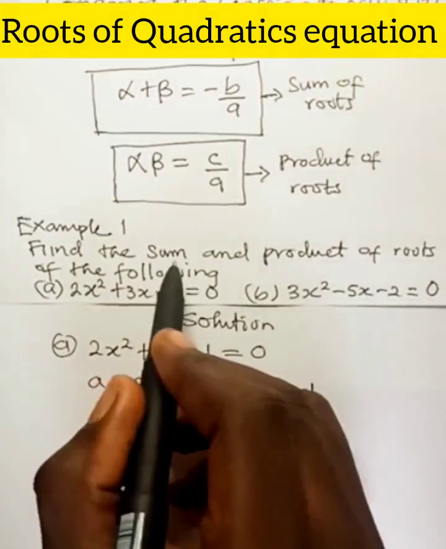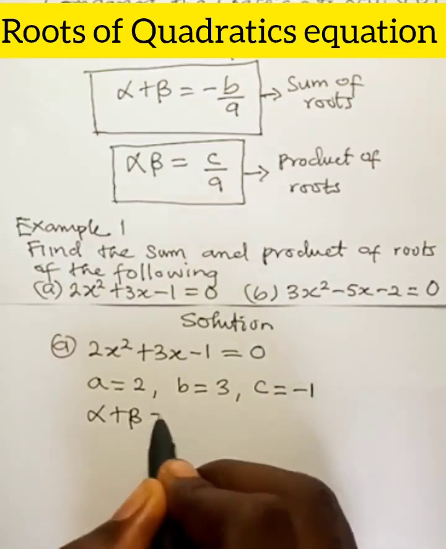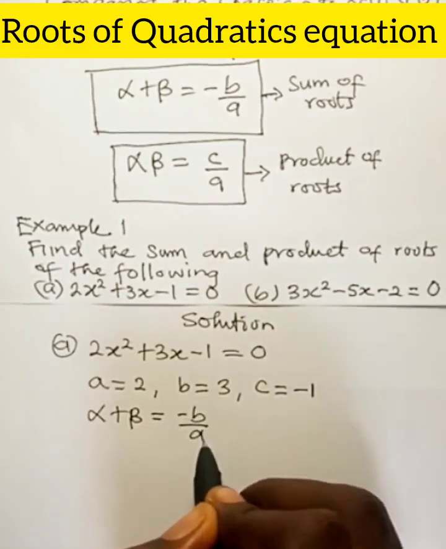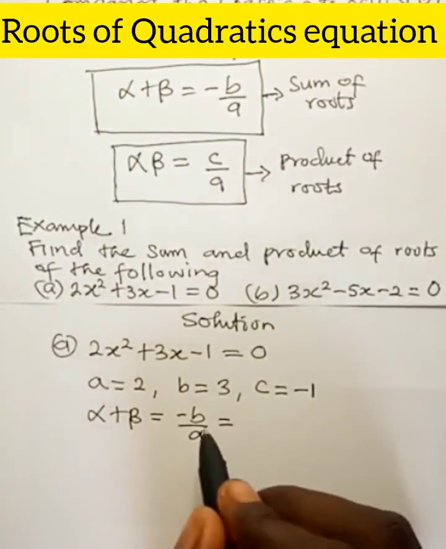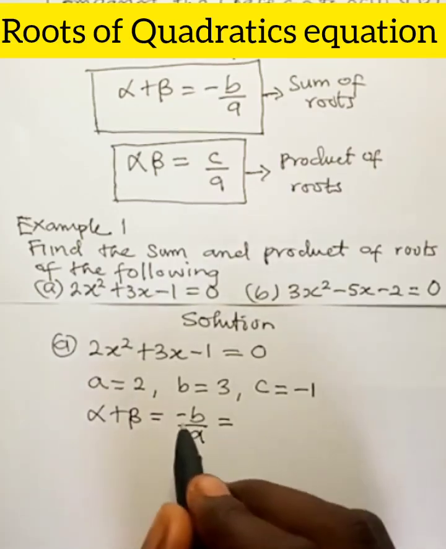Then let's find the sum. Alpha plus beta is equal to the sum, which is -b over a. Then we substitute the values for the letters.